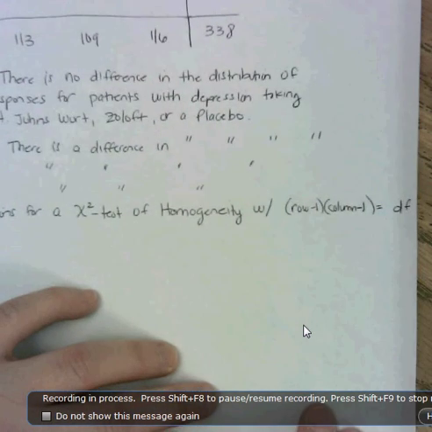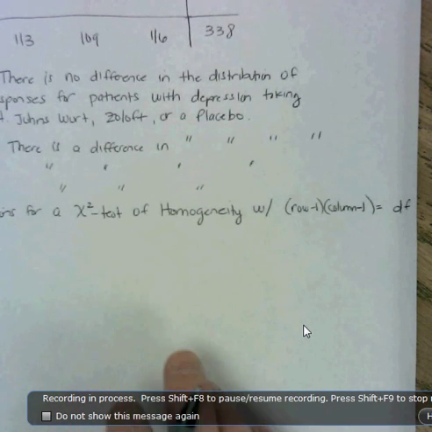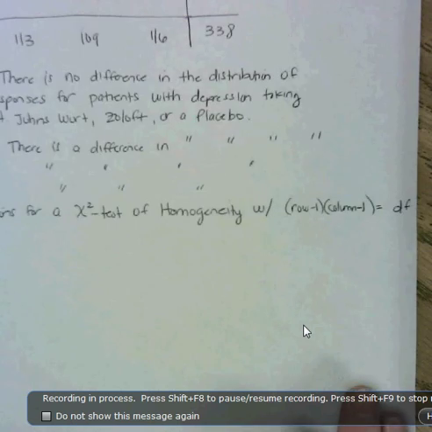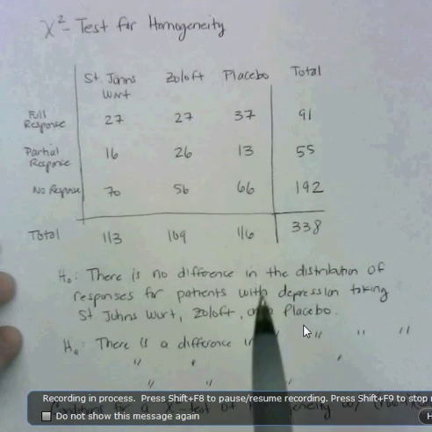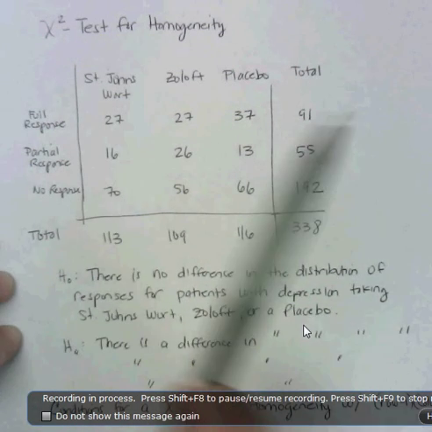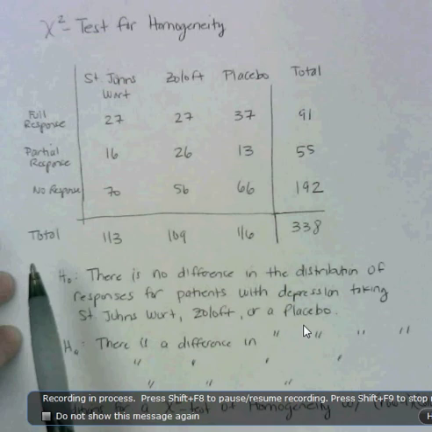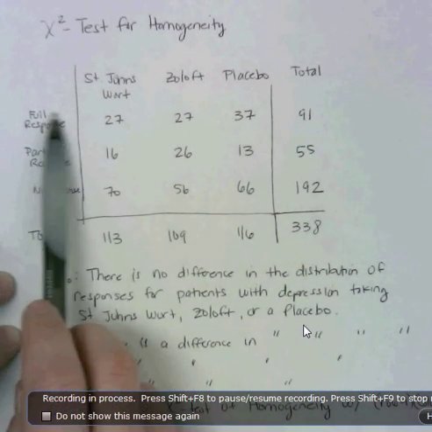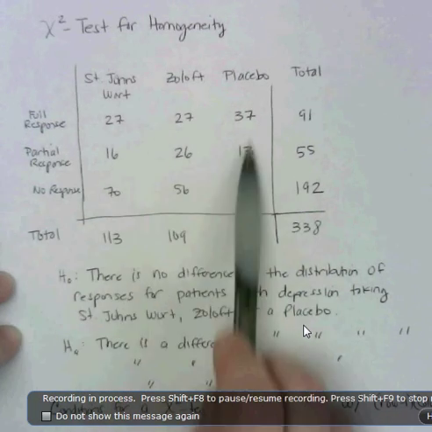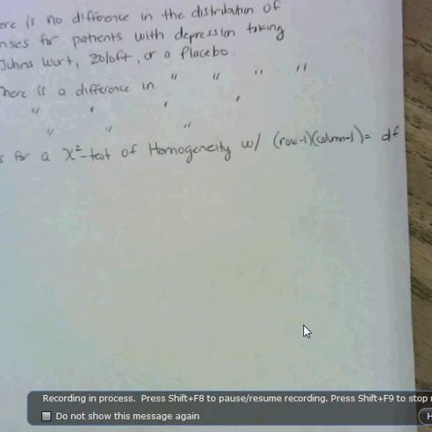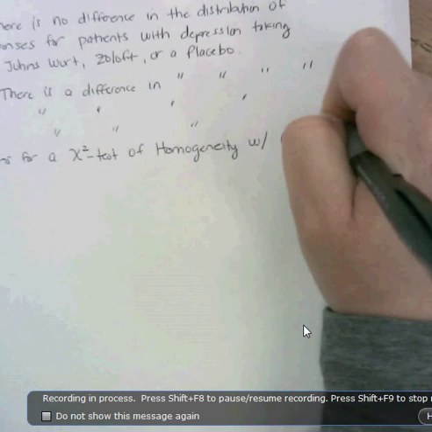So let me move that over so you guys can see this. So when we look into our rows and columns, let's look at our rows. It looks like we have 3 rows and 3 columns. So rows 1, 2, 3, columns 1, 2, 3. So we're going to take 3 minus 1 and 3 minus 1.